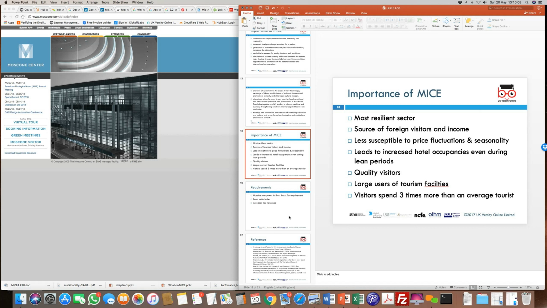Whenever these events happen, the total occupancies go up, and obviously these events are planned in conjunction with the hotel groups, so that when they have lean periods in terms of tourists, they plan these events at that point in time, which plugs the gaps between occupancies and brings in more visitors.